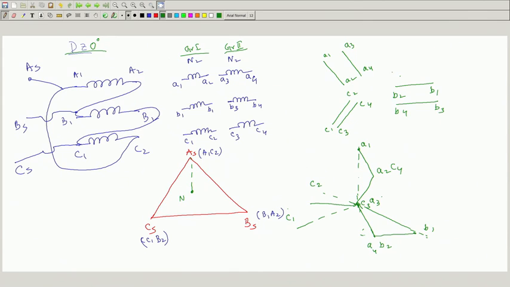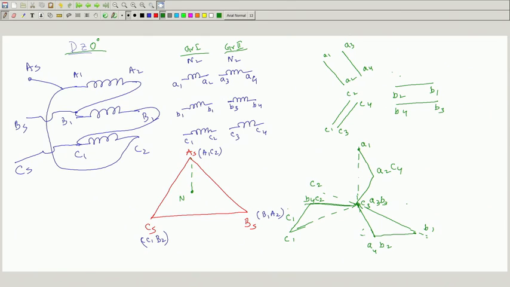Similarly, this can be drawn like this here, and you can see this will become B3, horizontal actually, and B4, and this point is C1 C2. Is this okay? B1 B2 was like this.